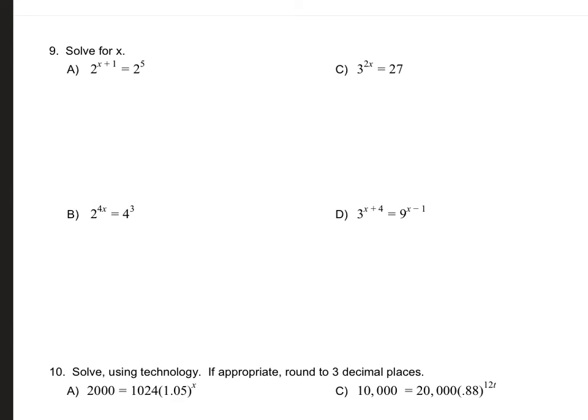First off, whenever we have an exponential equation that has the same base, as these first ones do, all we have to do is cancel those bases and set the exponents equal to one another. So this one would be x plus 1 equal to 5. Subtract the 1 from both sides and our x equals 4.